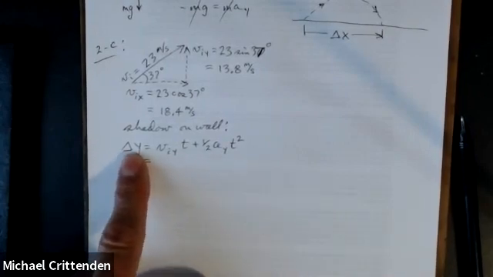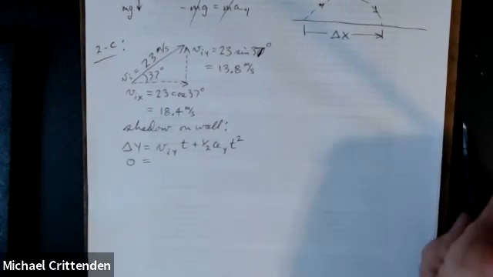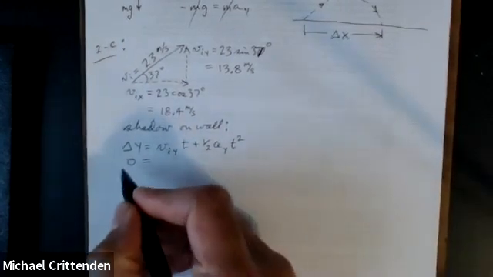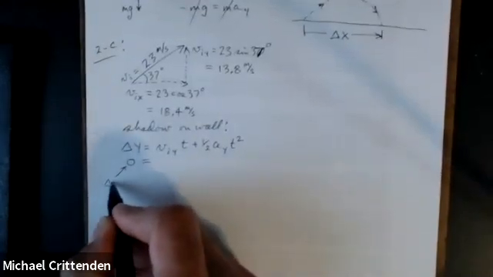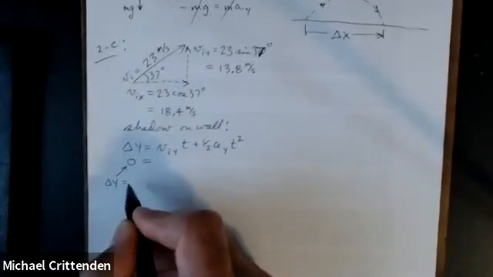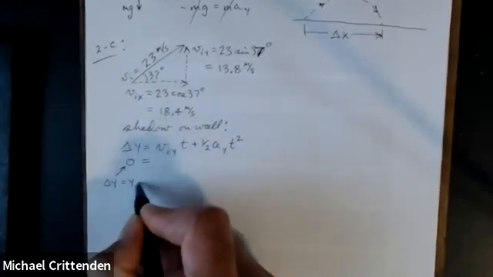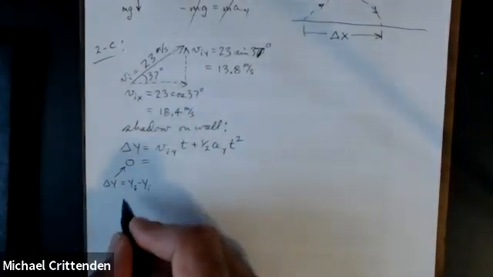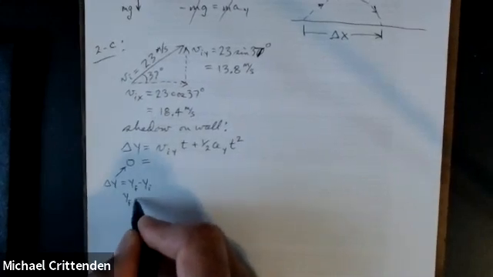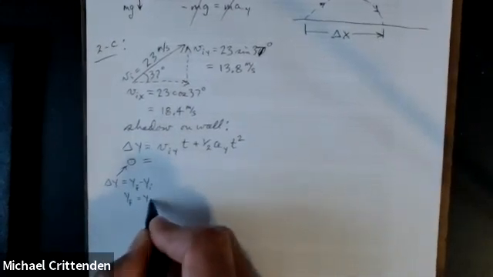It means how far you are displaced from where you ended up to where you started. So delta y means y final minus y initial, and y final equals y initial.